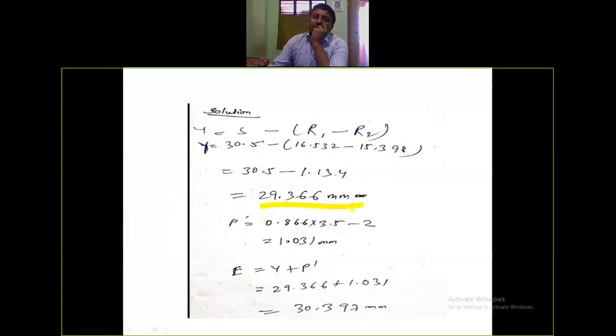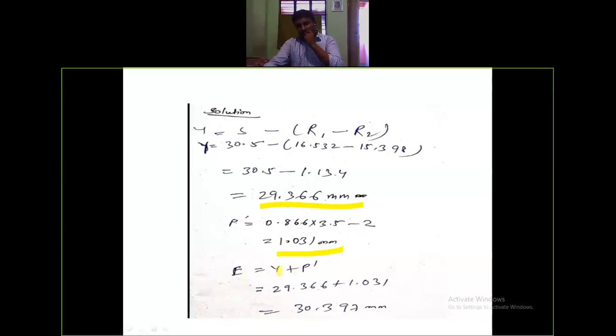And P dash is not the pitch, it is a pitch-related value, given by 0.866 into pitch minus diameter of the wire. As per the question, the pitch is 3.5 millimeter and the diameter of the wire is 2. So you will get the P dash value.